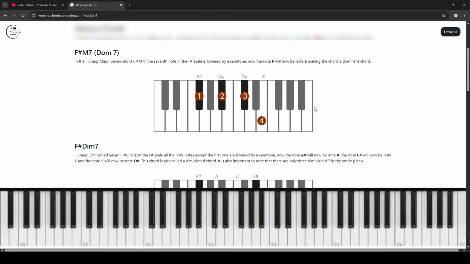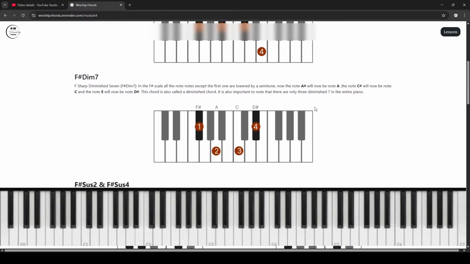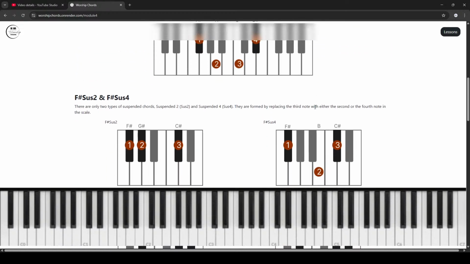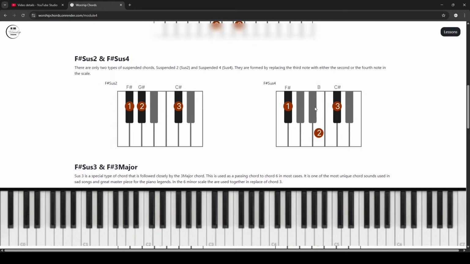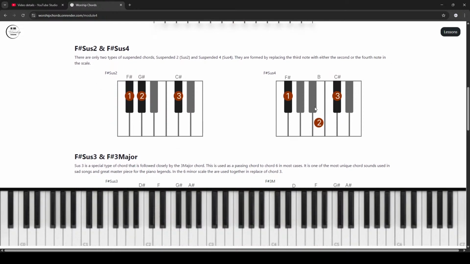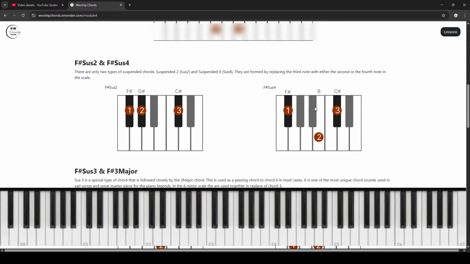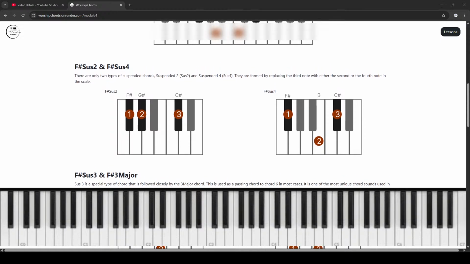Now let's look at the other thing, the suspended chords. Now suspended chords, I would like to put it in a way that we can all understand. So for example, let's look at the key of F sharp. So this is note 1, note 2, note 3, note 4, and note 5.